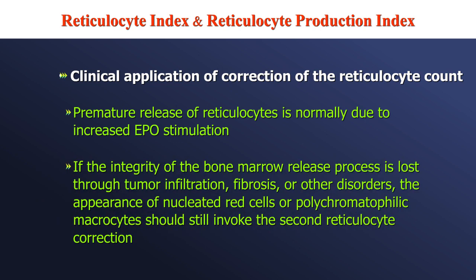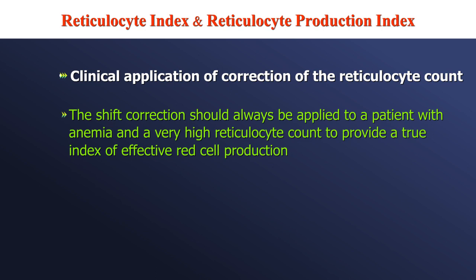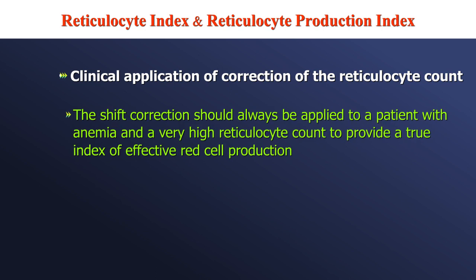However, if the integrity of the bone marrow release process is lost due to tumor infiltration, fibrosis, or other disorders, the appearance of nucleated red blood cells or polychromatophilic macrocytes should still invoke a second reticulocyte correction. The shift correction should always be applied to a patient with anemia and a very high reticulocyte count to provide a true index of effective red cell production.